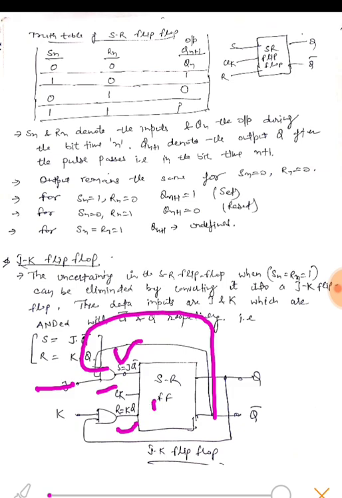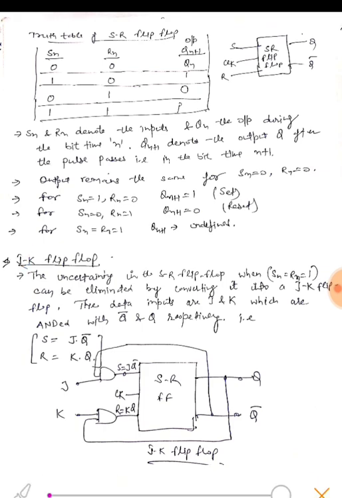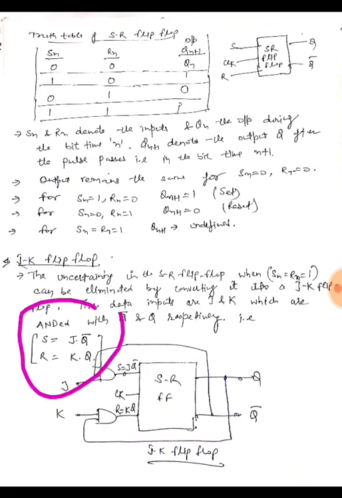Similarly, R is nothing but K multiplied by Q. Thus, K is the input and Q is the output of our SR flip-flop. So this is how we can make the JK flip-flop, in which S is equal to J into Q bar and R is equal to K into Q.